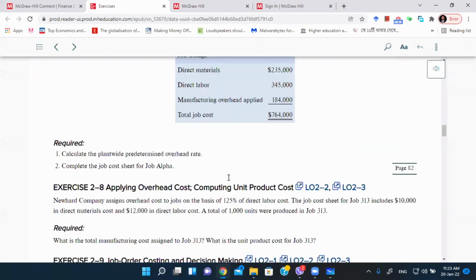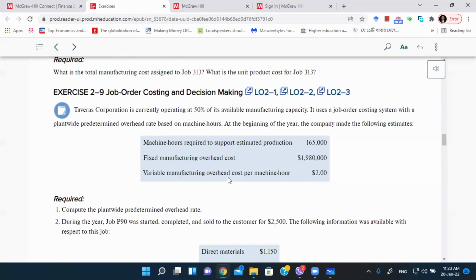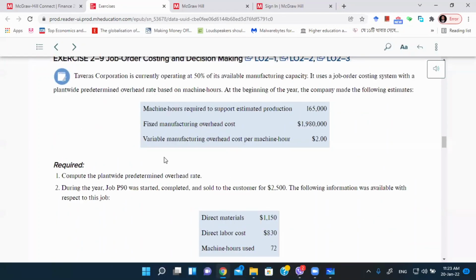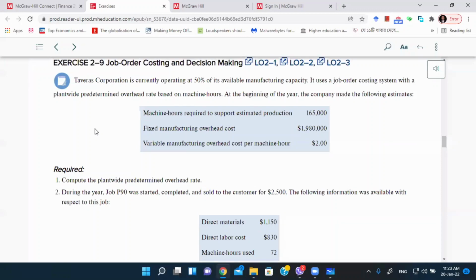You're watching my screen, I'm sure. That's why I'm not asking you. So exercise 2.9, this is from page number 82 of the hard copy. You see a problem, and we'll try to solve it by using job order costing. Let me resume the recording.